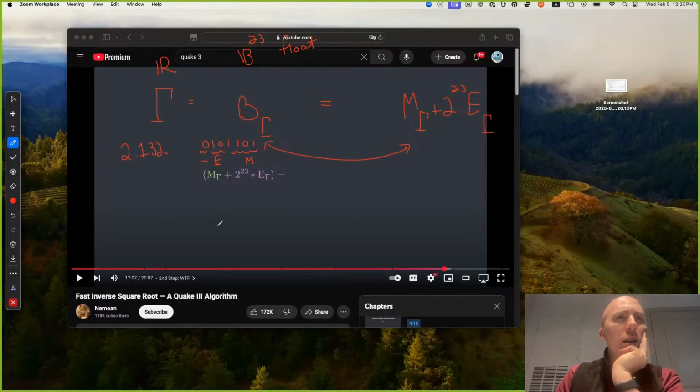It's almost like we have this platonic ideal of gamma, and there are different representations of it. There's the real number one, which is like 2.132, blah blah blah, and then there's the floating point thing.